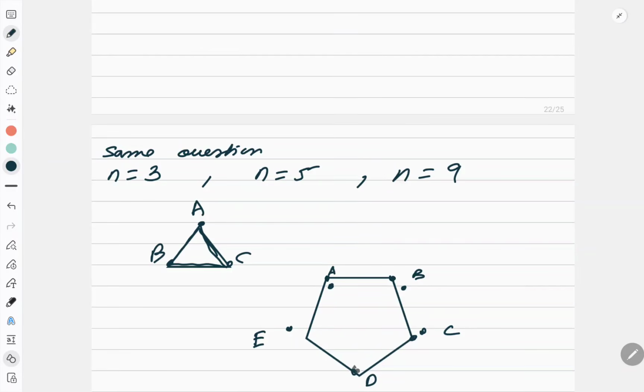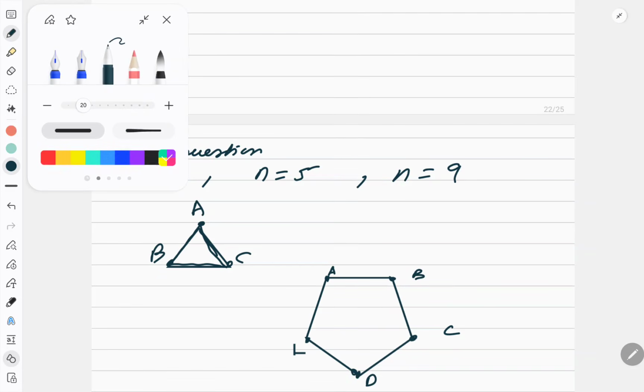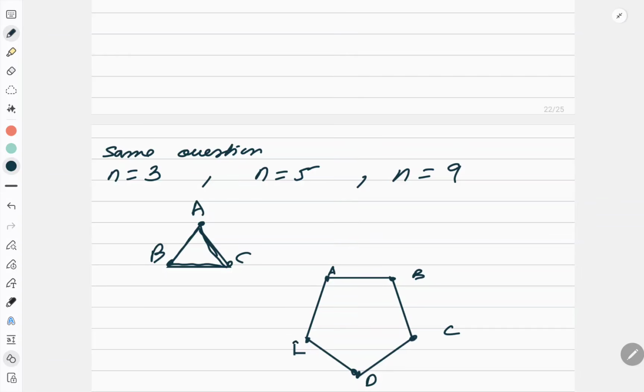Okay, let me fix this. So now I have A, B, C, D and here E. First cycle I got: A, B, C, D and E.